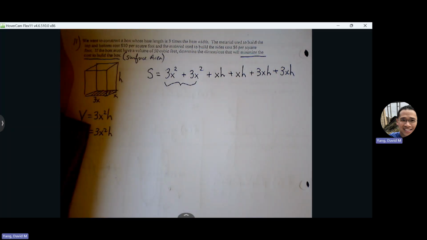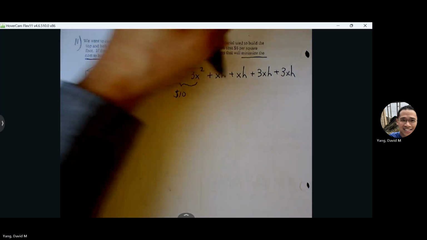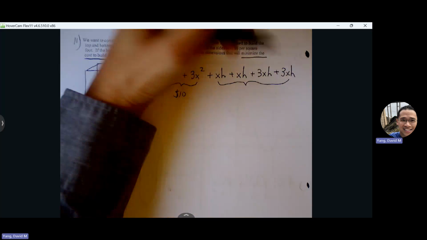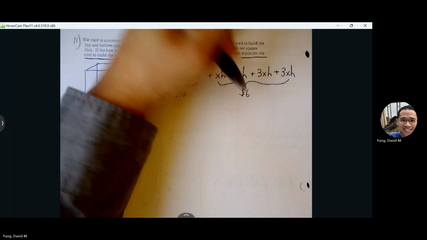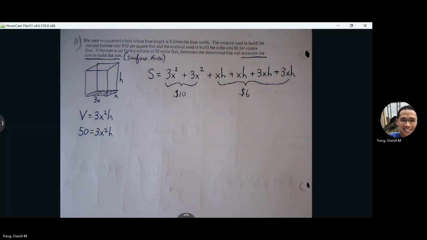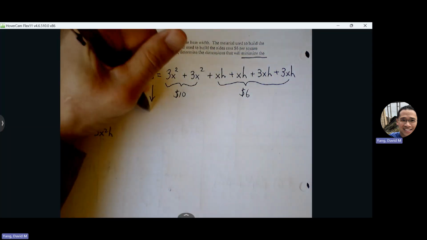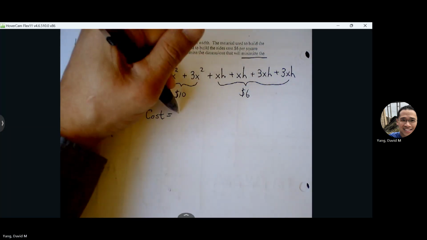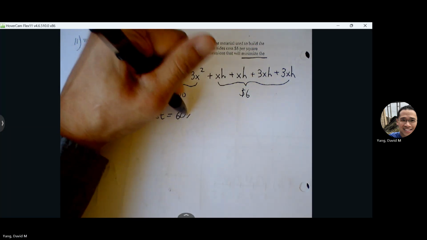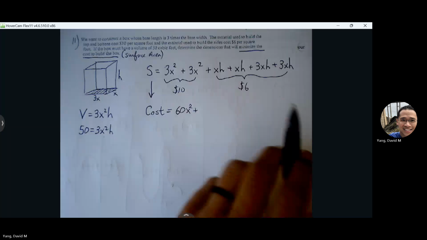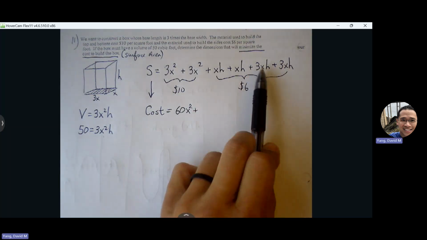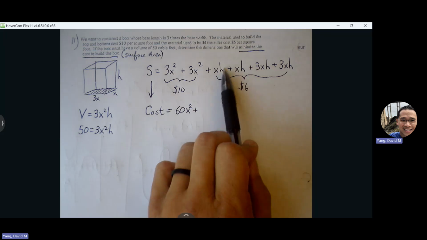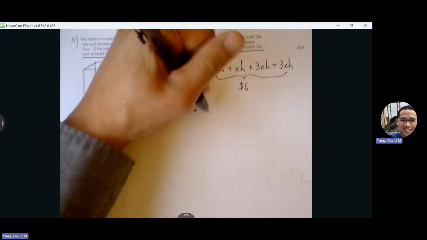Top and bottom is the more expensive material, and then the sides have a cheaper cost. Now we can update this and call this the cost equation. So if I add up these like terms, 3 plus 3 is 6, 7, 8, 8xh times 6.